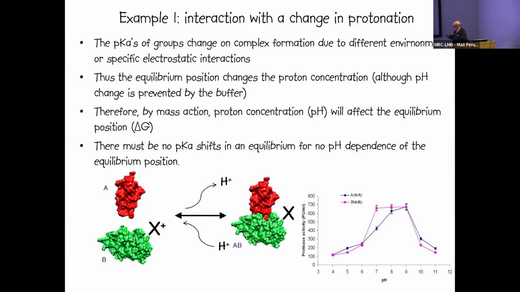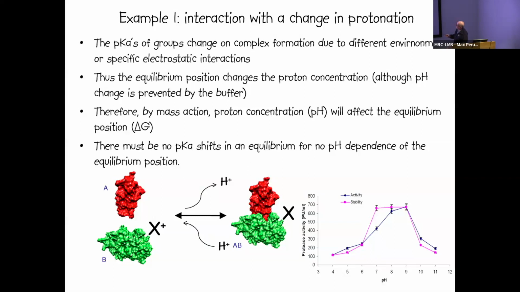So their pKa shift. Thus, when the equilibrium position changes, when we go from this to this, we're going to change the proton concentration. Although obviously in our experiment, we will buffer the pH using a biological buffer, as it is in biology as well.